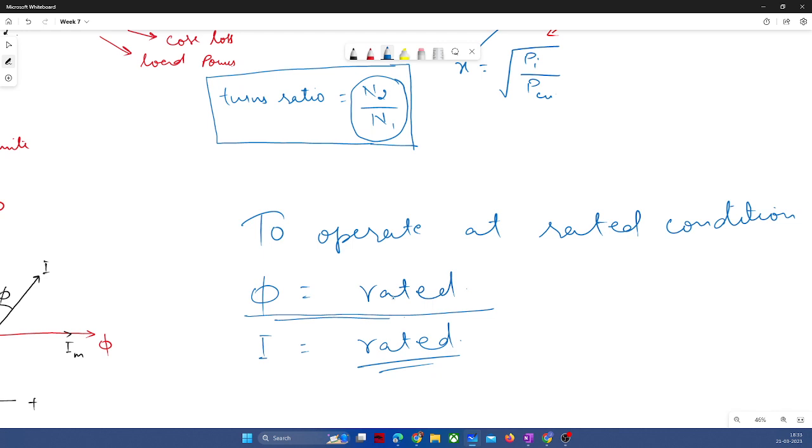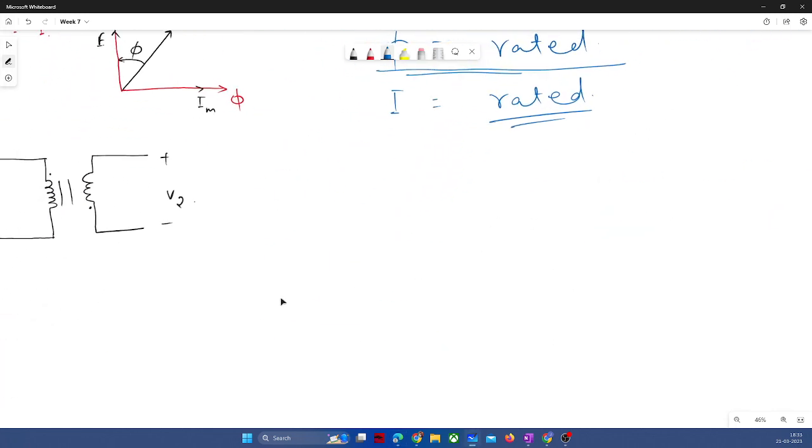Now, if you increase it further, your power factor will deteriorate, right? So you do not want to deteriorate the power factor of the machine. Is it clear, Jagdish? Okay, thank you. So I think we should go ahead with the discussion.